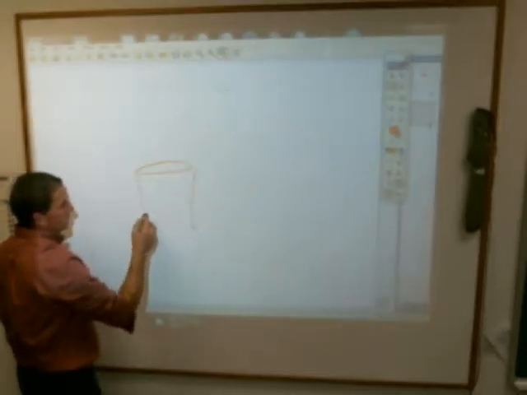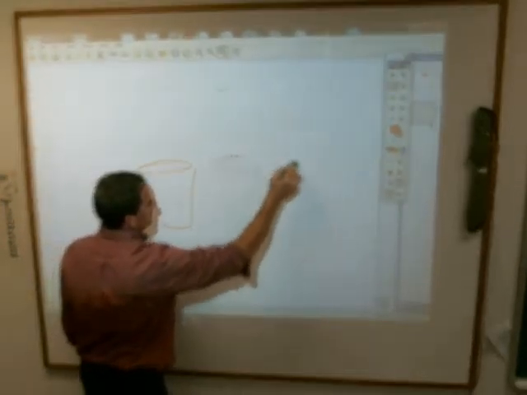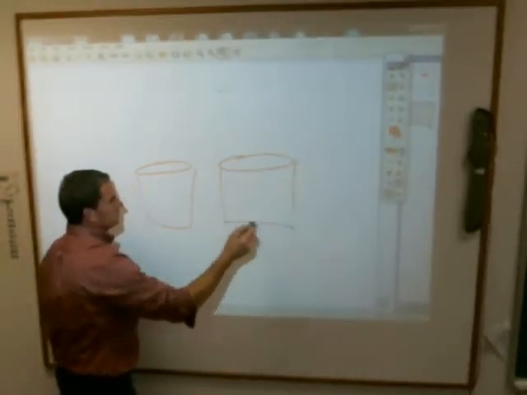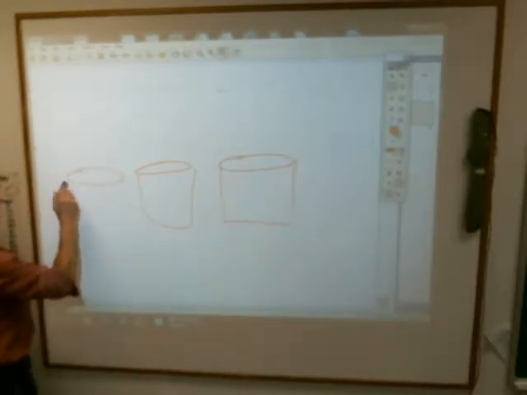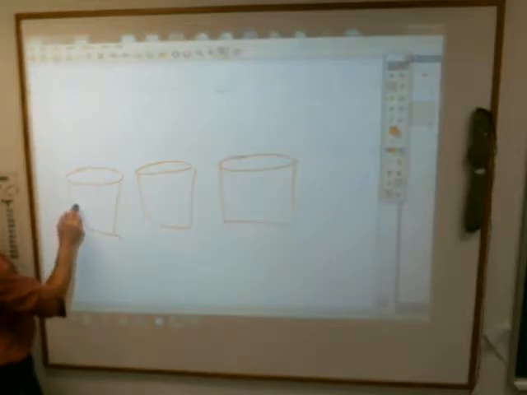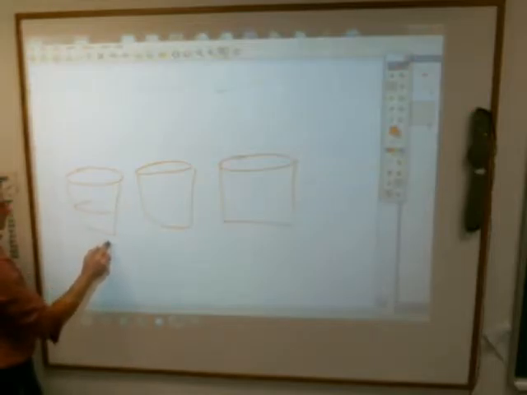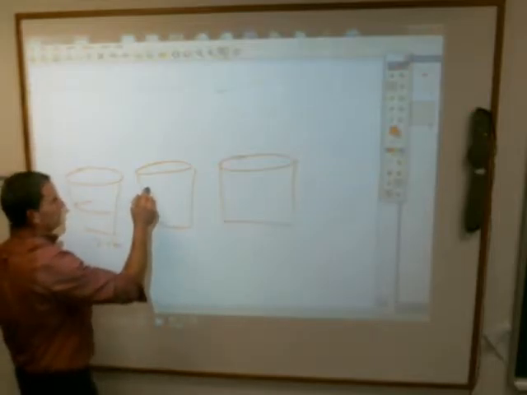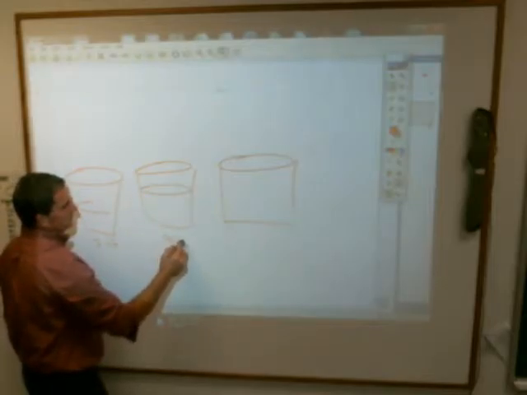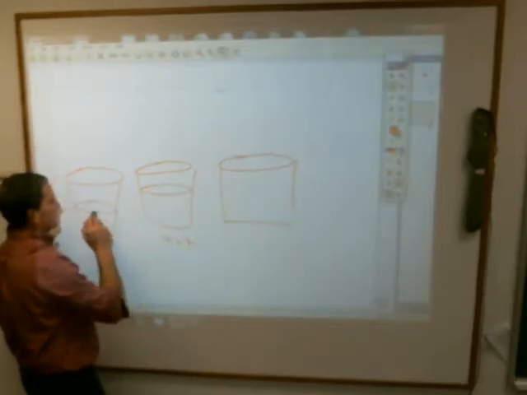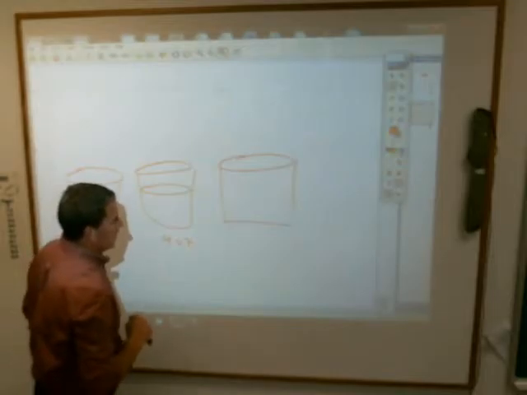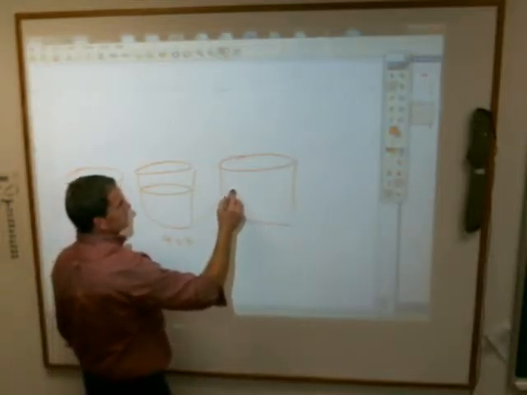They'll give you a problem that looks like this. Let's say you've got 3 glasses of juice. I'll do my best to draw some juice. In this one you have 7 ounces, in this one 9 ounces, and in this one 8 ounces.